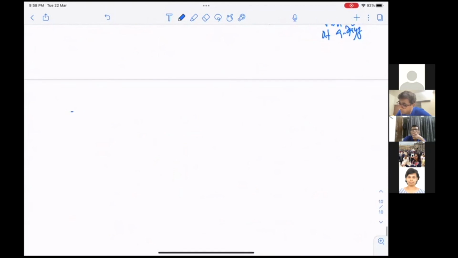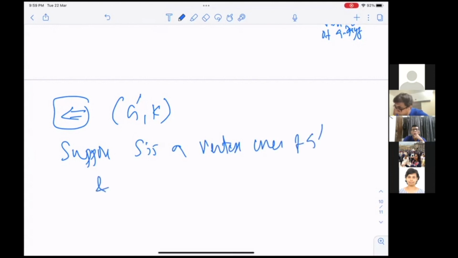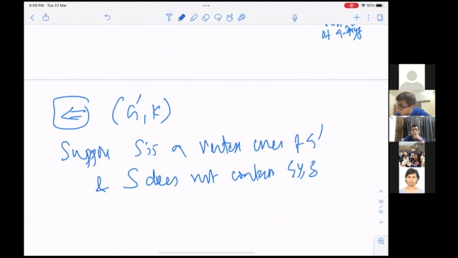Look at G prime comma K, and suppose S is a vertex cover of G prime and S does not contain YZ. What can I say?